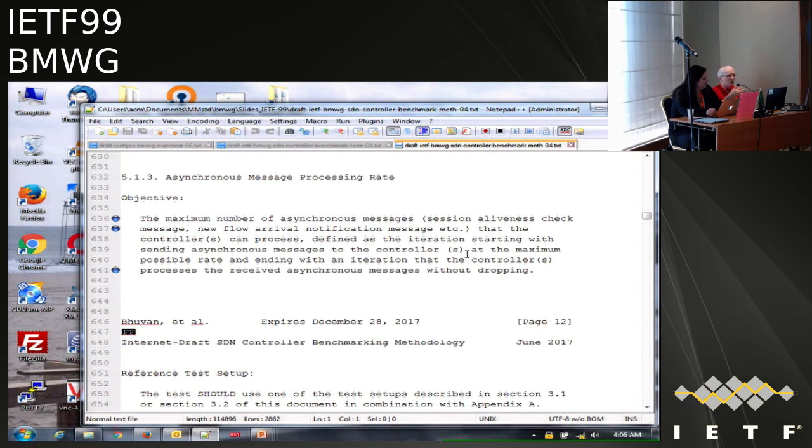So there are really two kinds of parameters here, and the point was to capture both of them. The old benchmarking tools have typically characterized the maximum message processing rate, but what we'd like to add, and we've begun to do that based on comments here, is to characterize the rate where there's no message dropping, so a zero loss ratio, and that's always going to be less than the maximum with frame dropping.